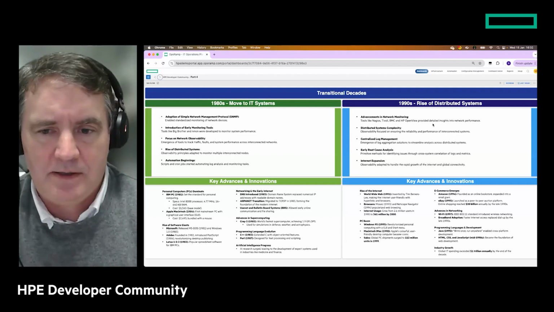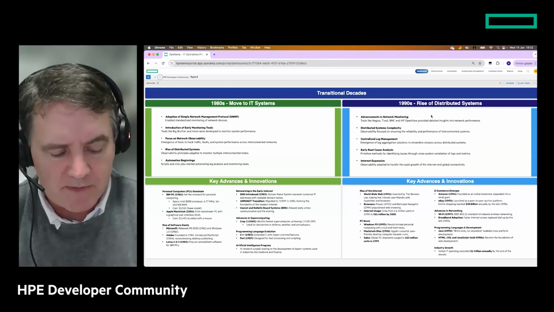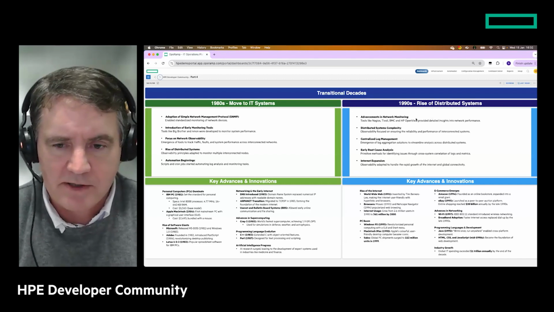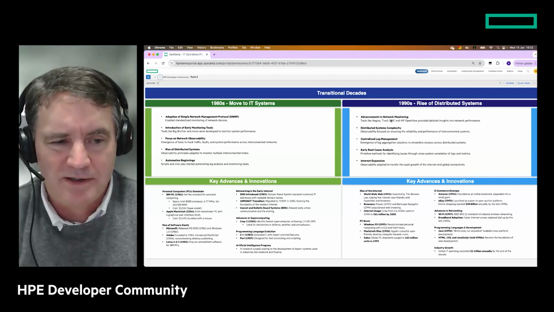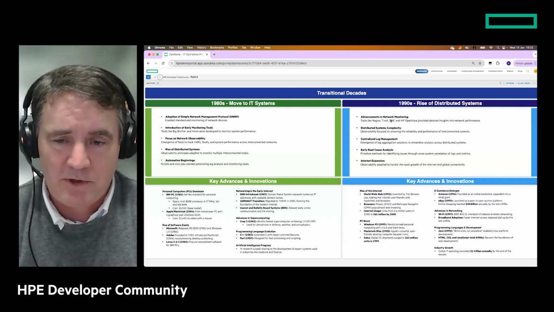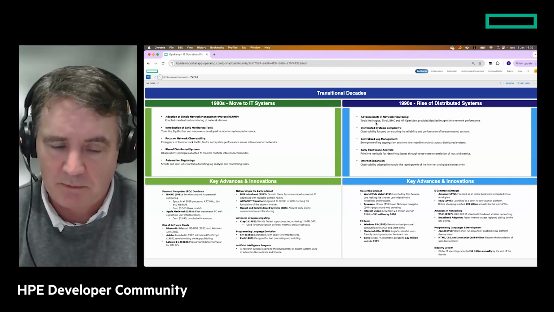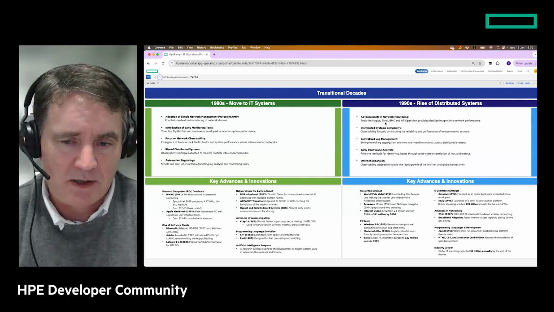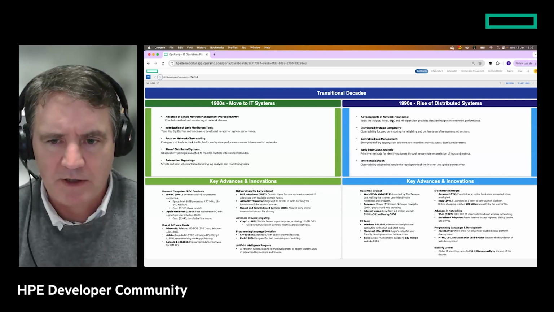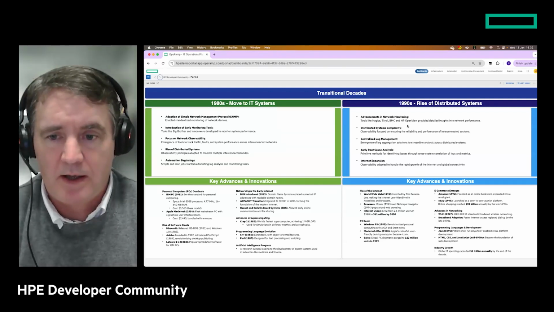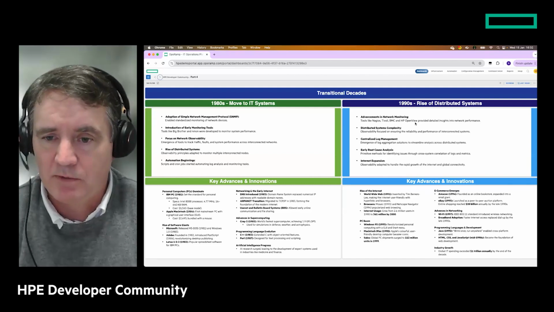So the 1990s, maybe many of you started your careers in the 90s, we started to see tools that are still used today by many companies, like Nagios, IBM Tivoli, BMC Patrol, and obviously HP OpenView.